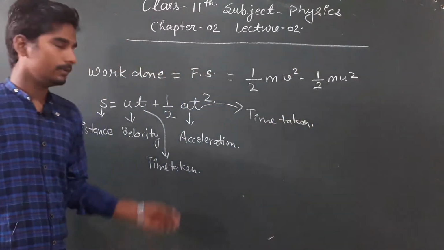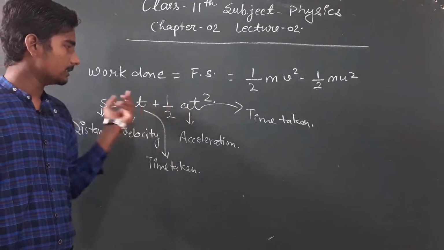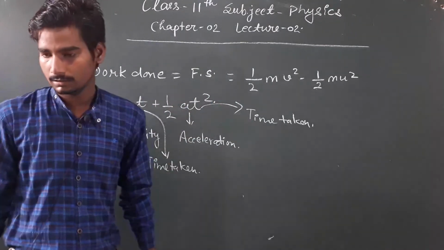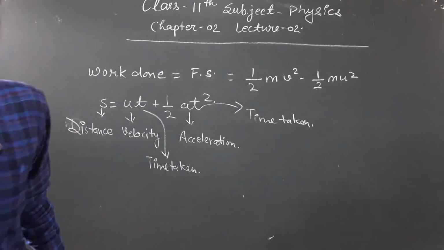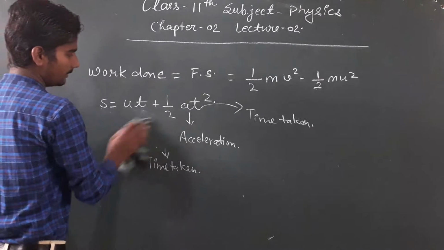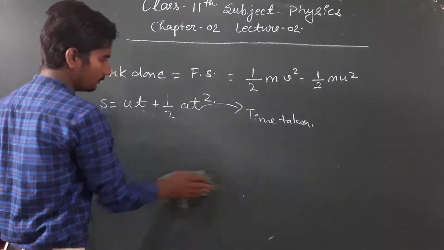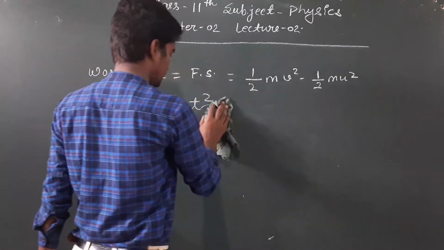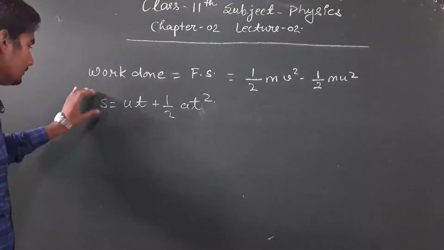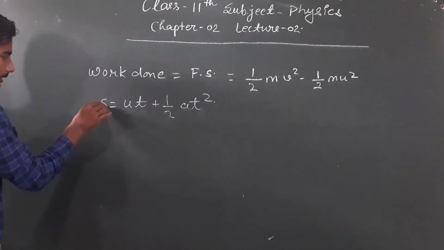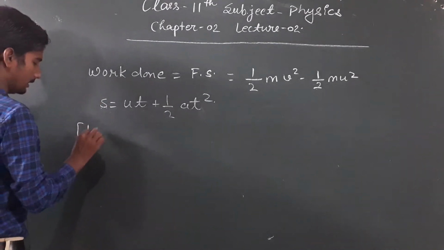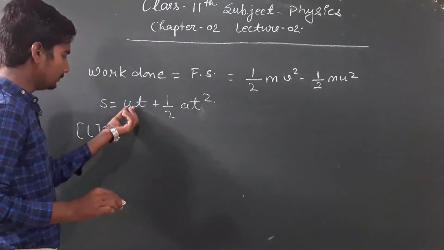If we have to check the dimensional correctness of this equation, then we have to find the dimensional equation of both sides, and check whether both sides have equal dimensions in equal basic quantities. Then this equation will be correct. Let's find out. This is distance, and distance has the dimension of capital L, equals u is velocity.